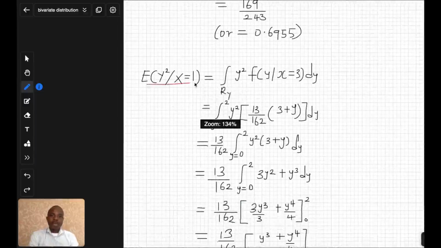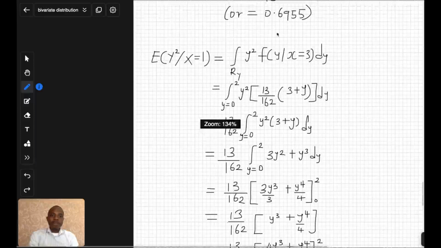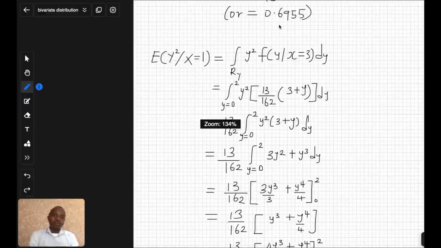We obtain the expected value of y squared divided by x equal to 1. Just be sure that your approximation is correct. That's another thing. If it is, there's no problem. It may just be 0.1 or maybe 0.00 something difference, just a small difference.